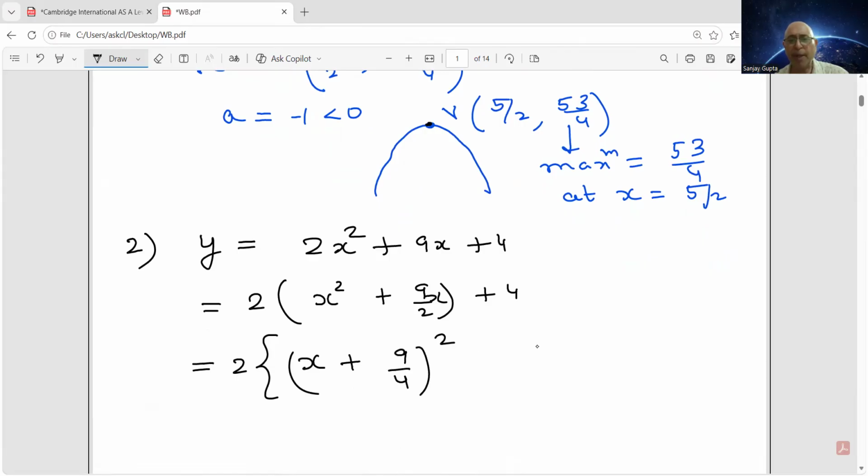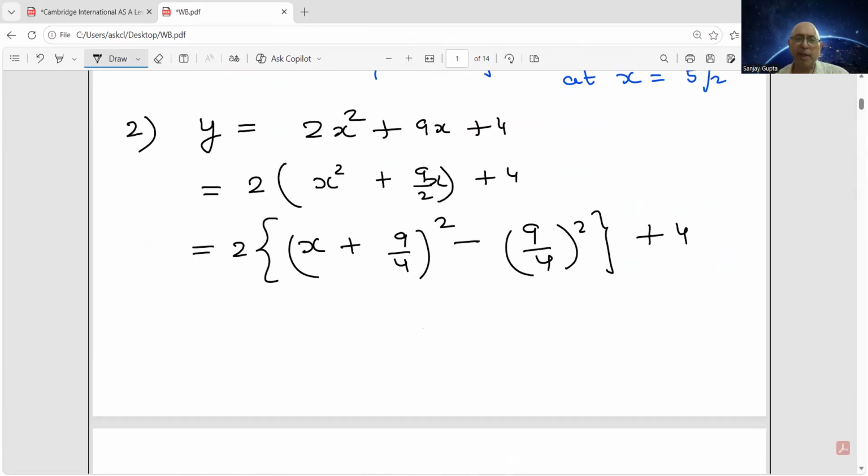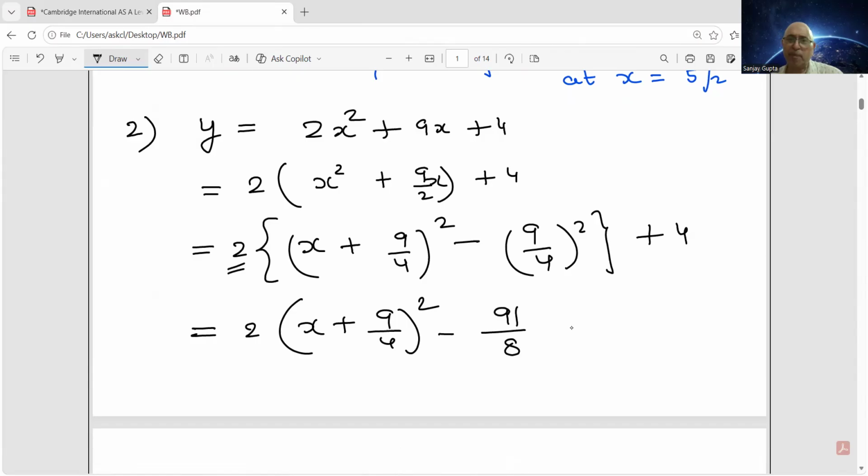That's the idea we did, and minus the square of 9 by 4. That's what we said in the very first lecture about how to make the completed square form. So 9 by 4 whole squared is 81 over 16. When I multiply with 2, I'll get 91 over 8. Is it right? Plus 4.